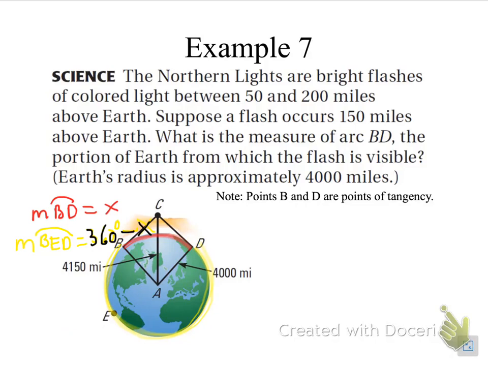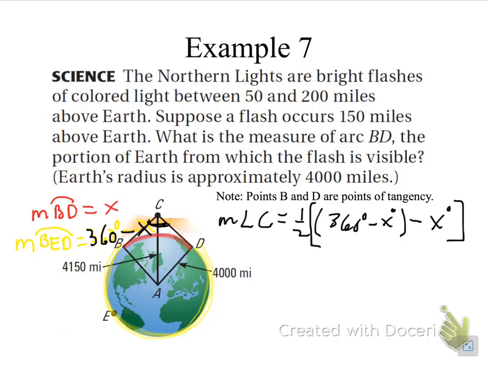So if we want this angle here, the measure of angle C is going to be half of 360 degrees minus X degrees.